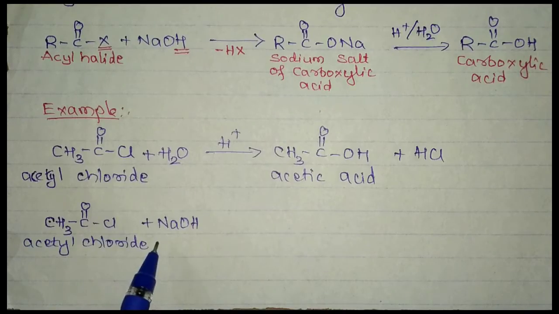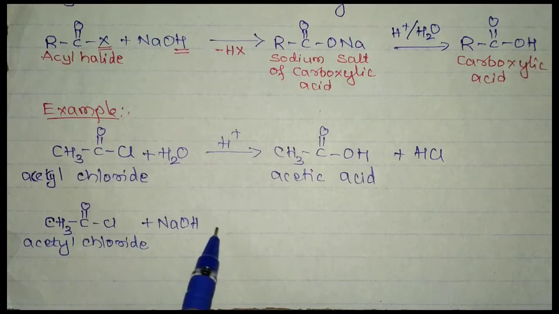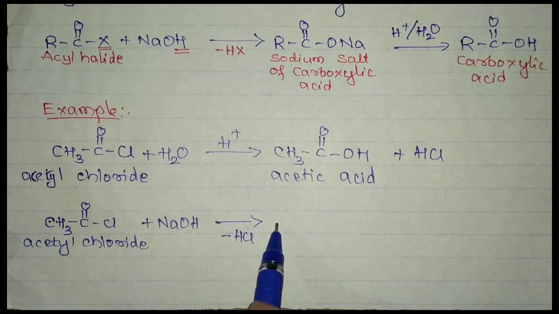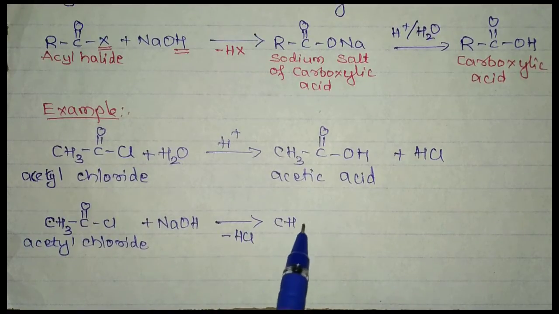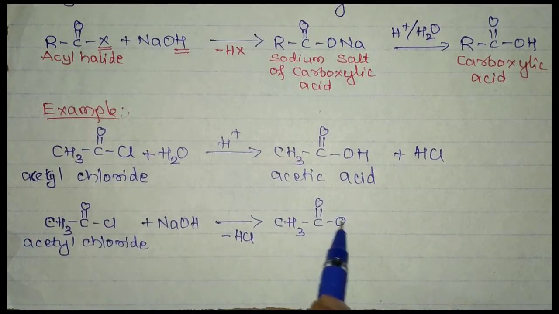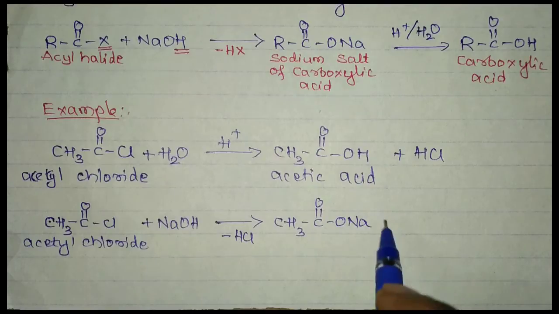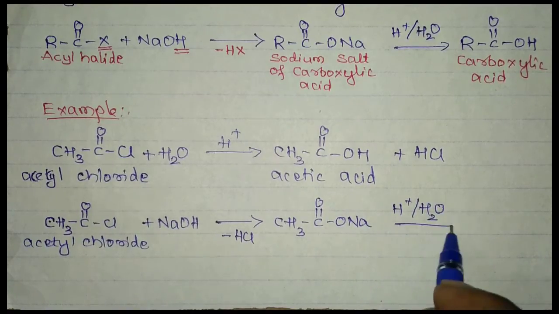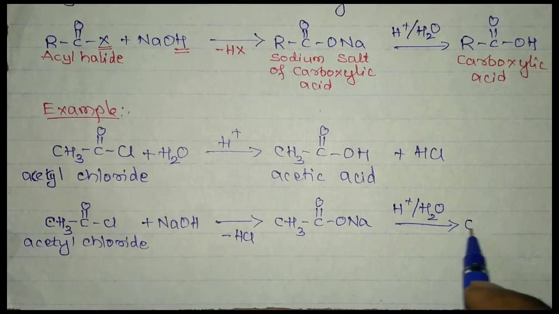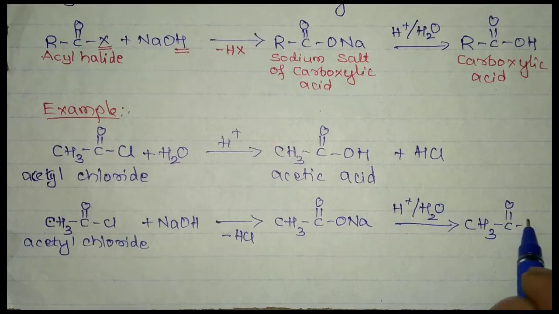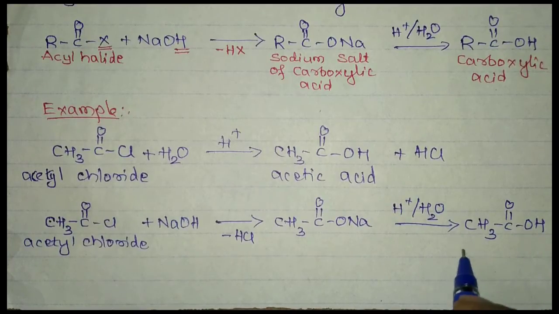Next, acetyl chloride on hydrolysis in the presence of a base loses a molecule of HCl, and you are going to get the salt of carboxylic acid, CH3COONa, which on acid hydrolysis in the presence of acid gives CH3COOH, acetic acid.